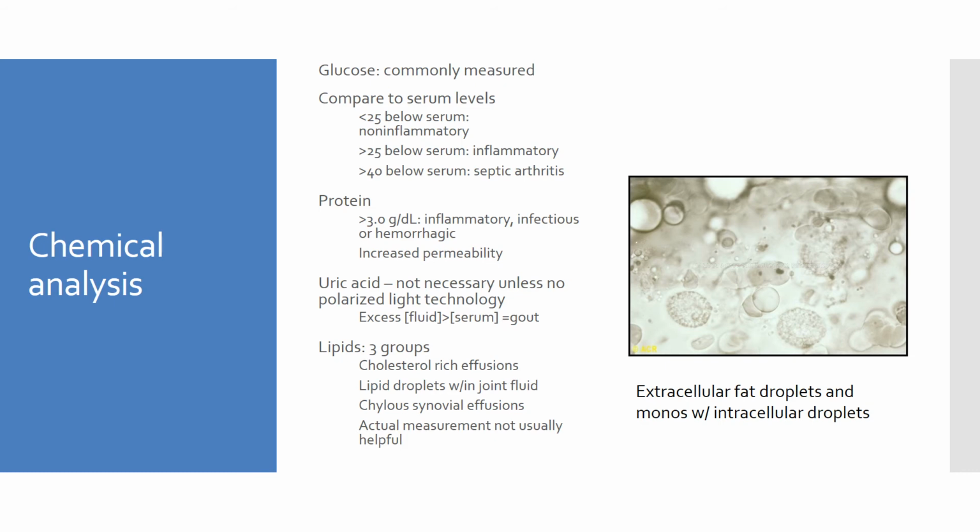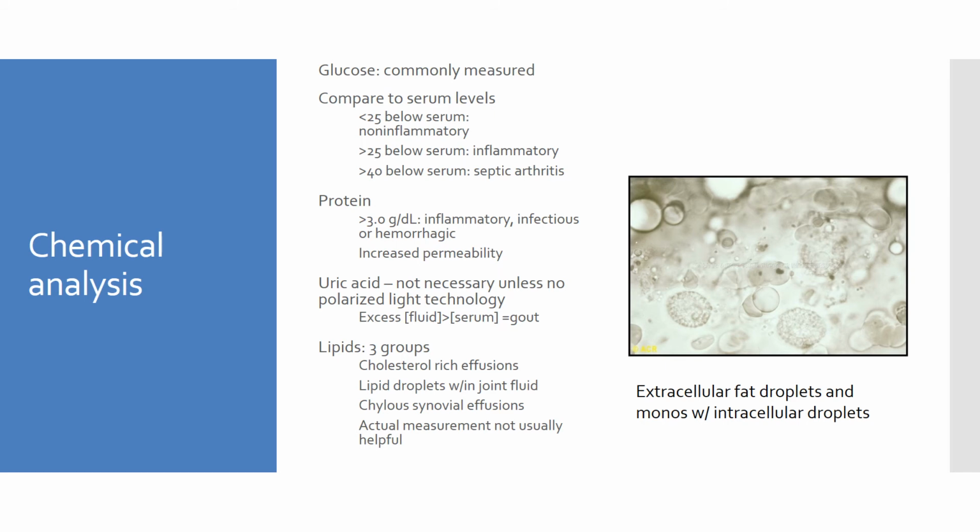And then from time to time, we also do lipids to try and rule out chylous effusions, which are very, very rare. They're not really the actual finding of chylous specimens, where you remember having those microchylons, that do occur in serous fluids much more frequently, and less frequently in synovial fluids.